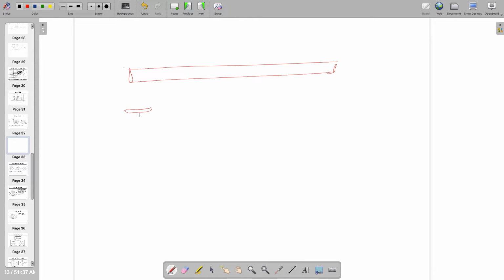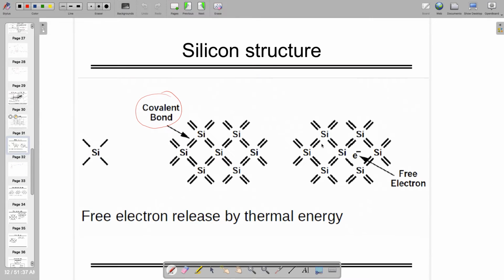If I am giving fire from here, effectively there are lots of electrons, but they are not in a moving condition. That's why you don't feel anything here. When you do this, you are breaking one of the bonds, and an electron is liberated. What happens when this is liberated is that it will sit at some other place. When there is an electron, it's an electron, and when there is no electron, we call it a hole, right?